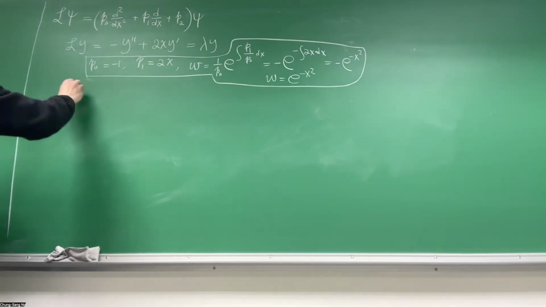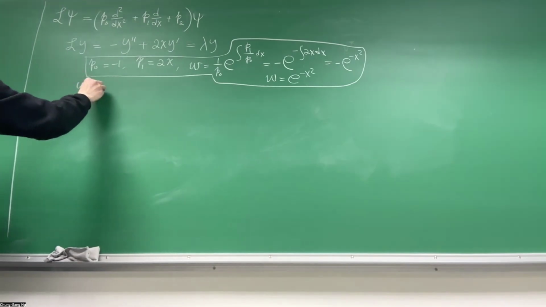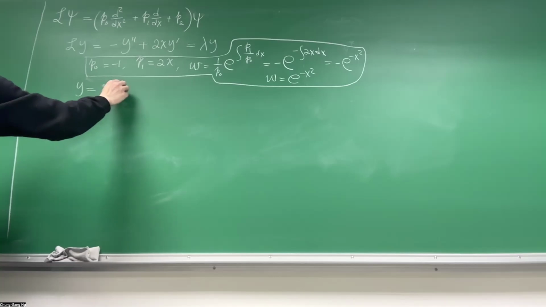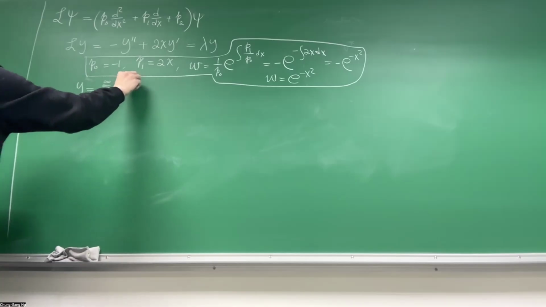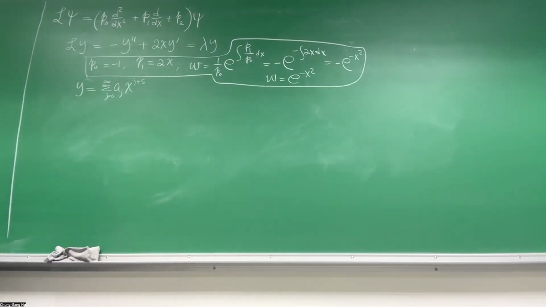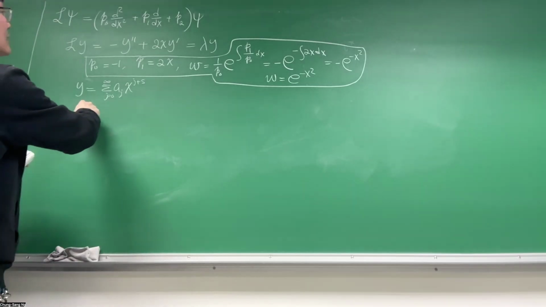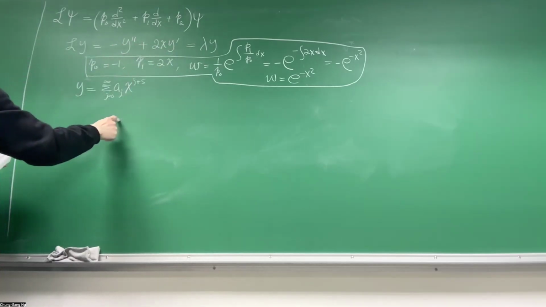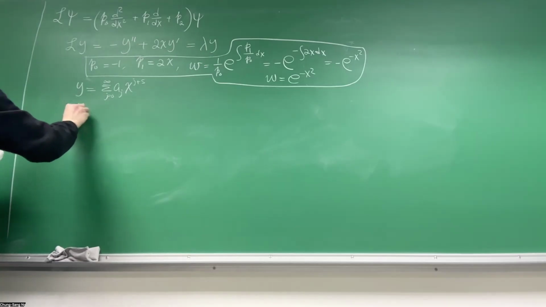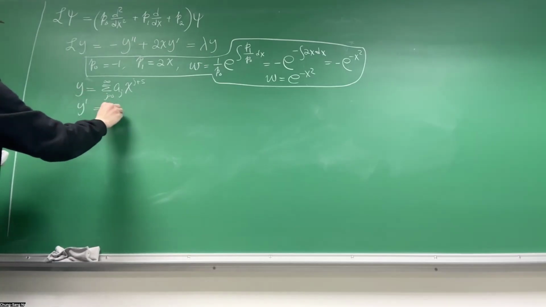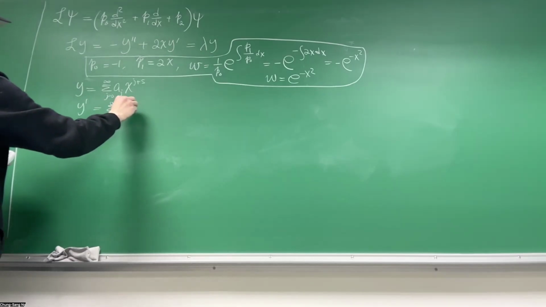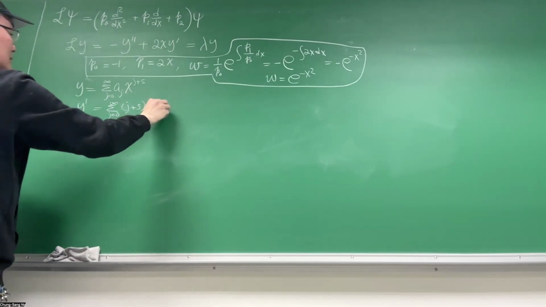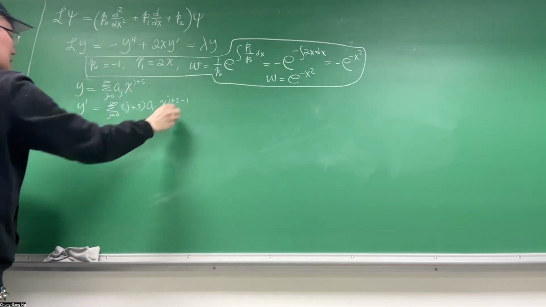So just follow the same rules: y as sum over j, a sub j, j from 0 to infinity, x to the j plus s, right? That is y. You need the y here, you need y prime, actually x times y prime, and then y double prime. So you need to work out the y prime: j plus s times a sub j, x to the j plus s minus 1.